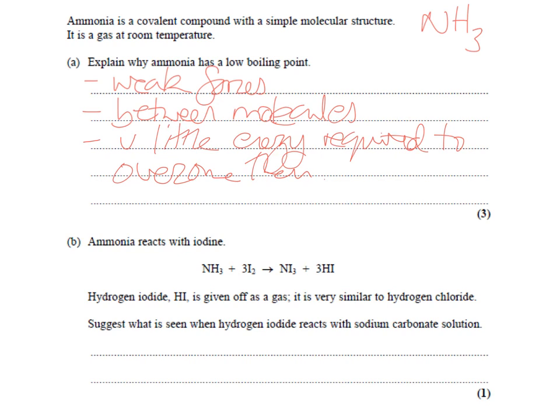Now, the cardinal sin with a question like this is that people start talking about breaking covalent bonds, and that's totally wrong. As soon as you start talking about breaking covalent bonds, you will get 0 marks for this question, because if I look at the molecule NH3, or if I look at the substance NH3 when it's a liquid, let's go down here. So NH3 when it's a liquid.